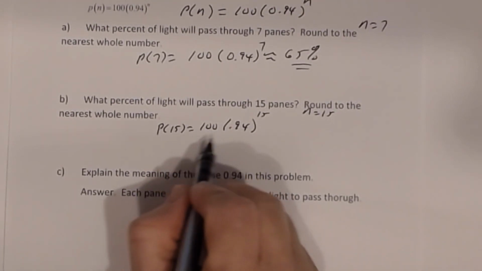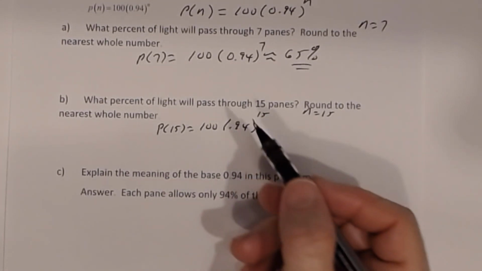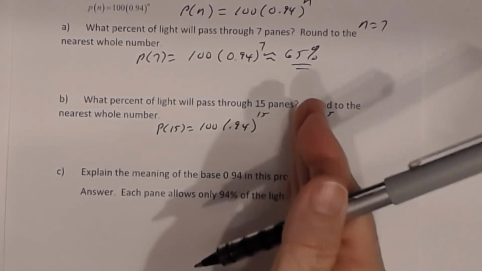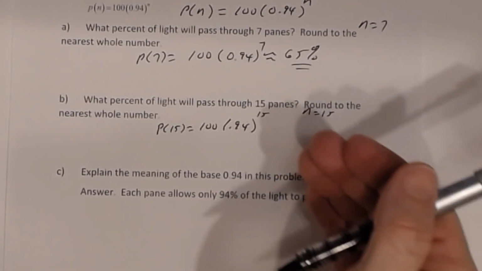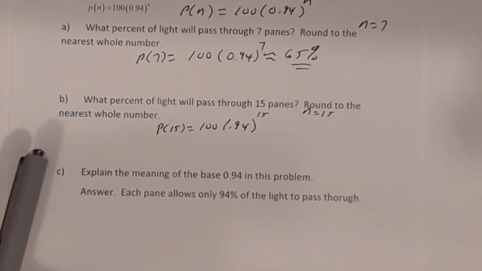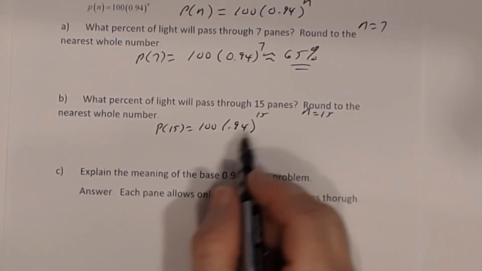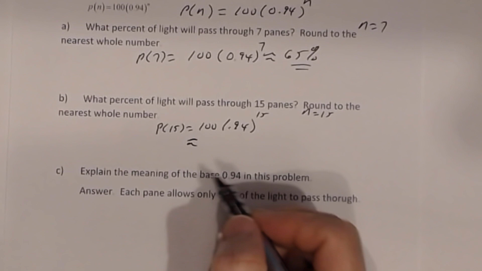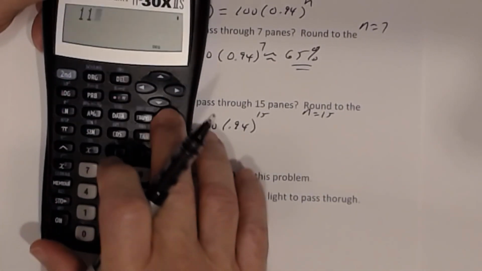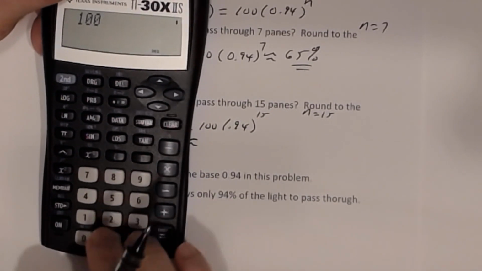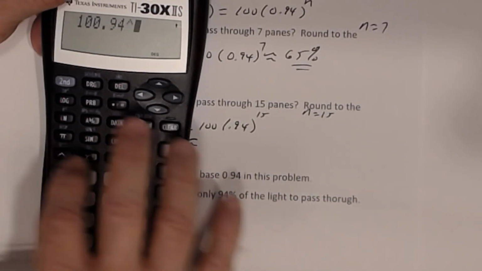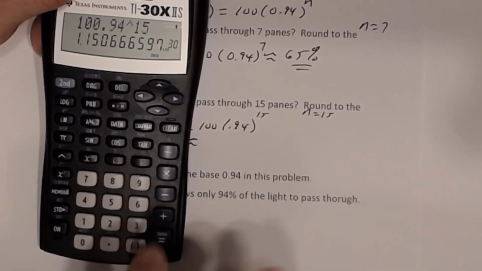The original pane, 100% of that light touched it, and then what came out was 94% of that original light. When you use your calculator, you're going to say 100 times 0.94 raised to the 15th power.